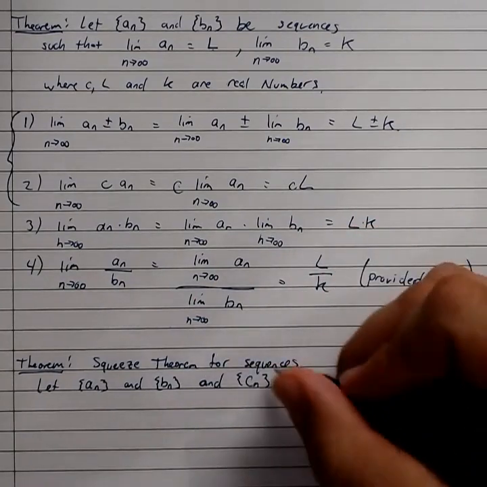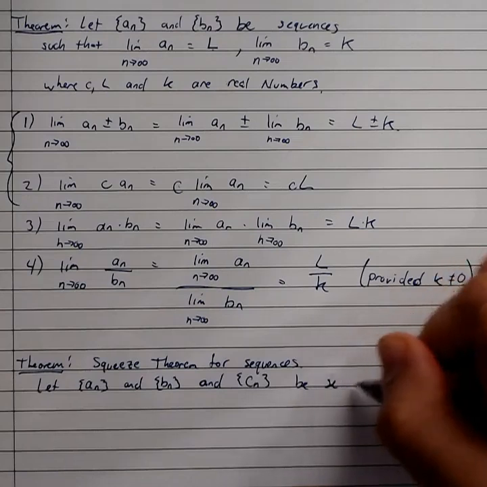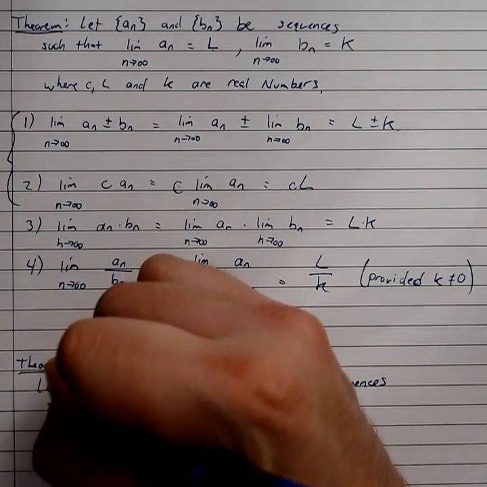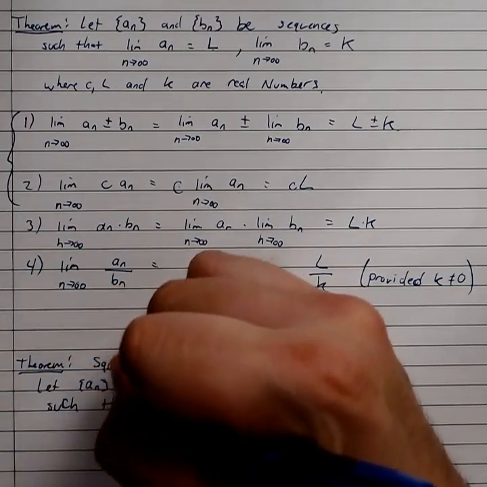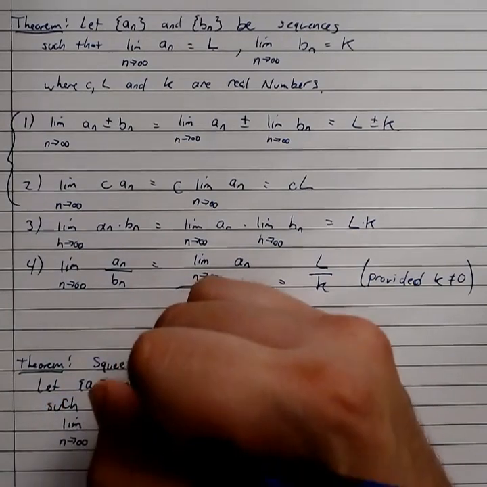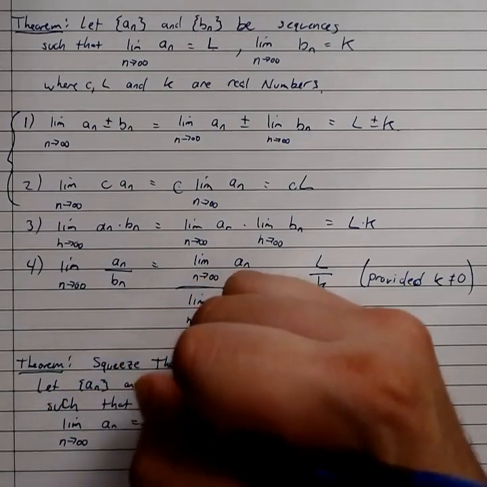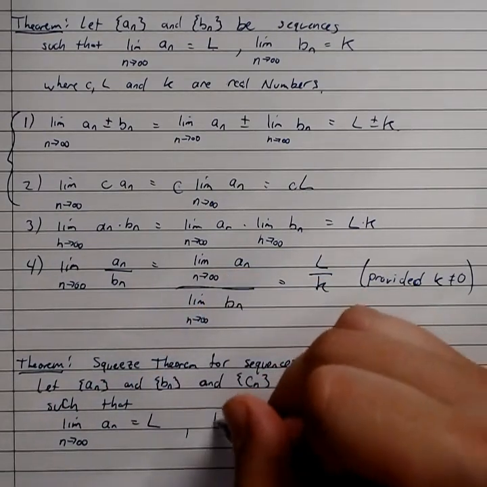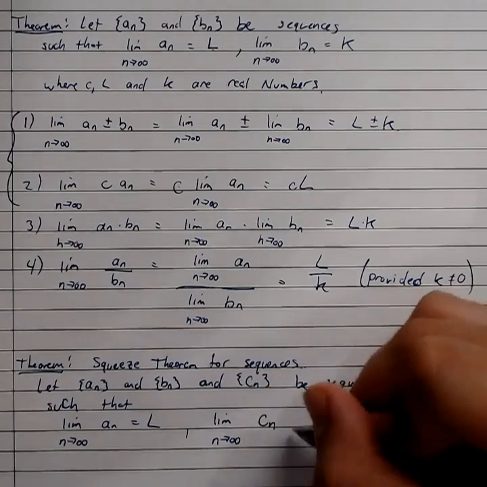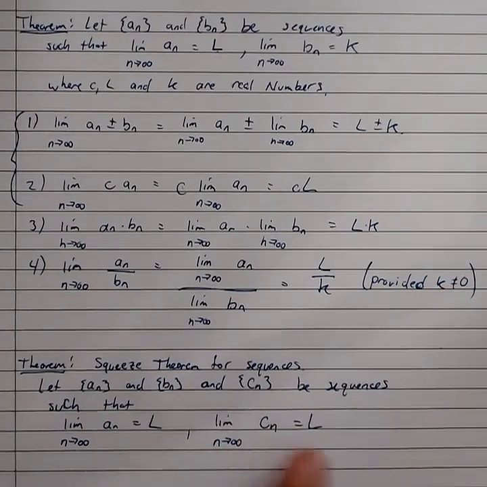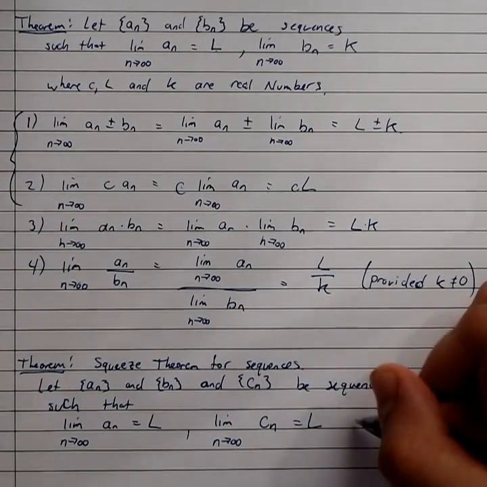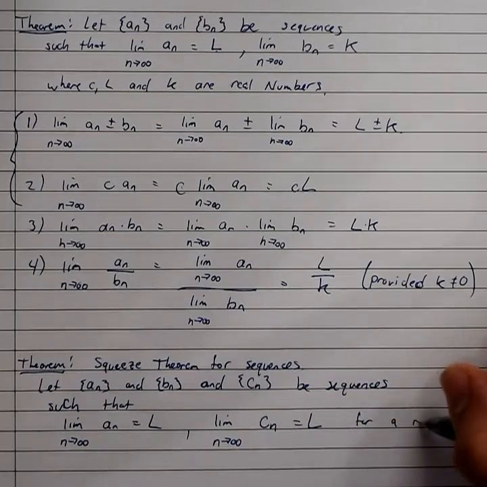Let a, b, and c sub n be sequences such that, and here we have a few conditions, the limit as n approaches infinity of a sub n should equal L. The limit as n approaches infinity of c sub n should also equal L. So these aren't 2 different numbers. They are the same thing for a real number L.